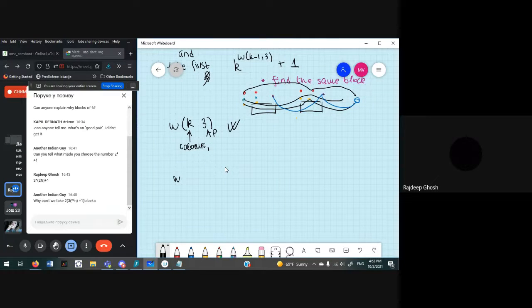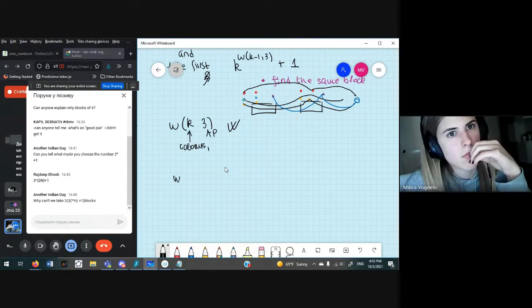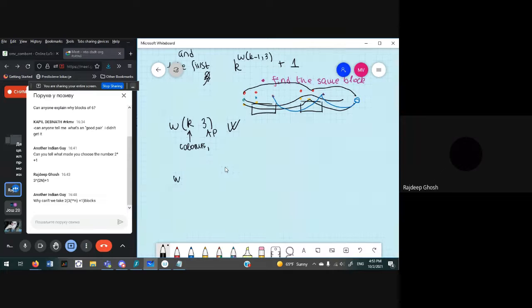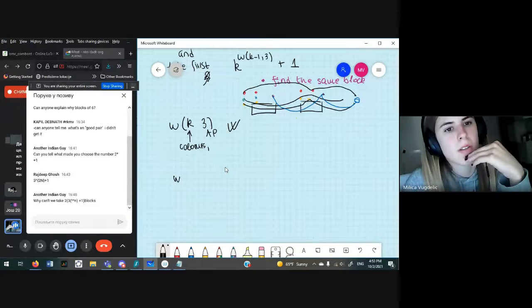So if we can bound the initial block size for just 3 colors on any number of AP terms, then we can just sort of do a pigeonhole thing. I'm not sure if it's going to work. It's just a suggestion. Yeah, I see.